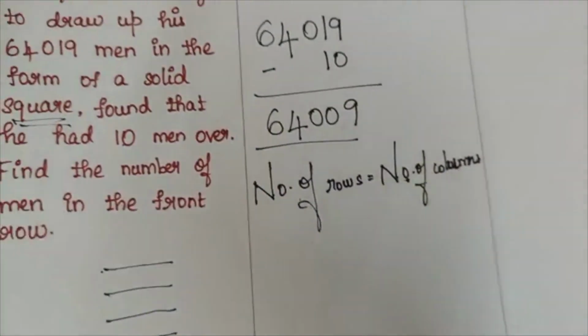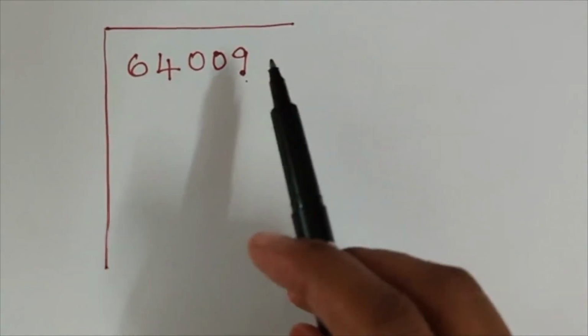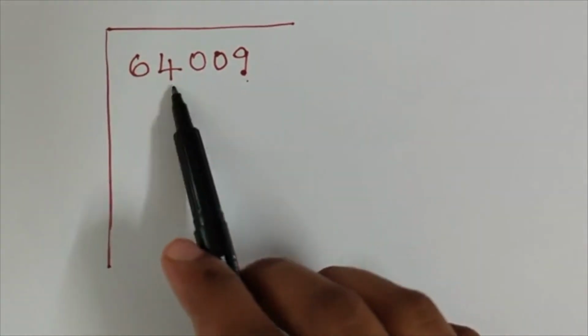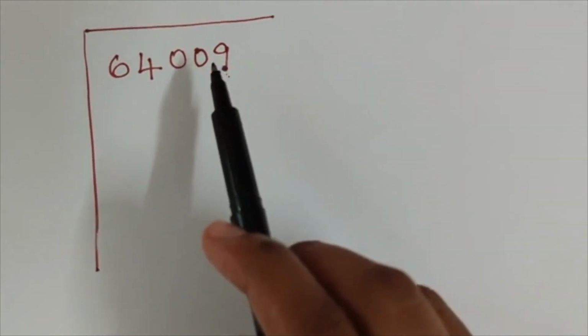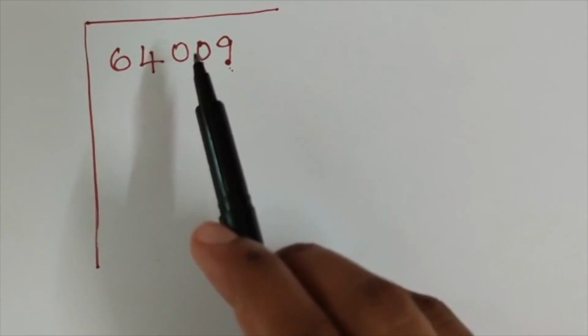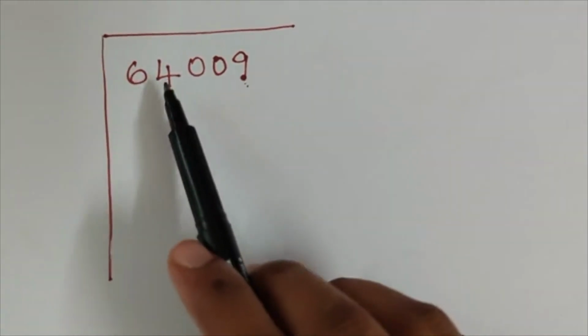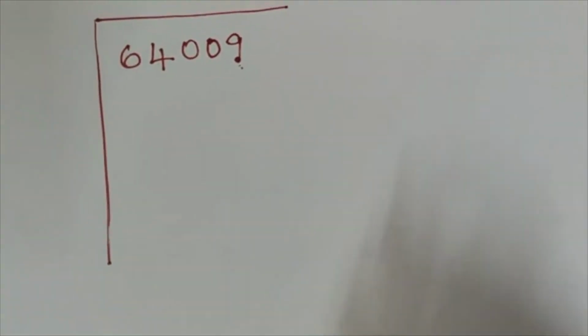So we can do long division. For performing long division, I am taking 64,009 instead of 64,019 because those 10 men are left over. They are not in the line, so we should not take them. We should only take 64,009. Then only we get number of rows equal to number of columns.